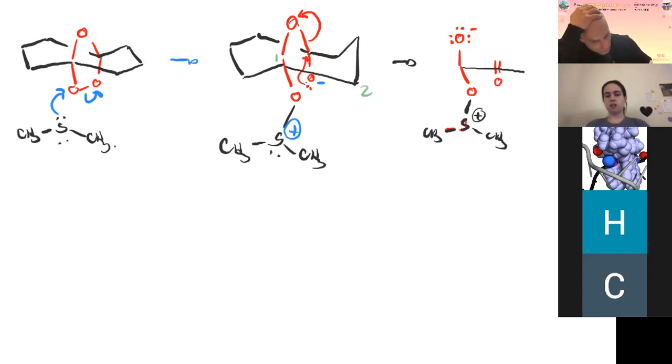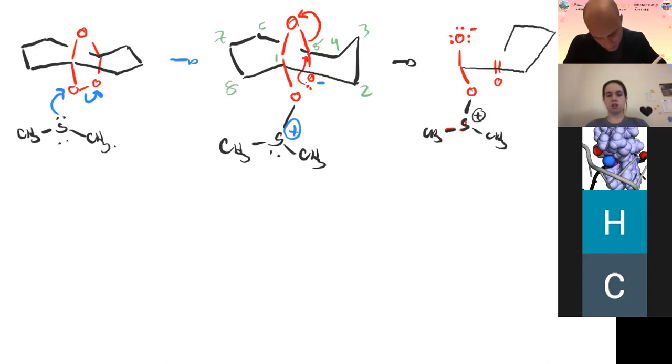So 2, 3, 4, 5, 6, 7. There we go. Yeah, because I remember I emailed you this was an octene. All right, so we can start connecting. So basically, 1, 2, 3. And again, if you're starting to lose track, just put numbers in.